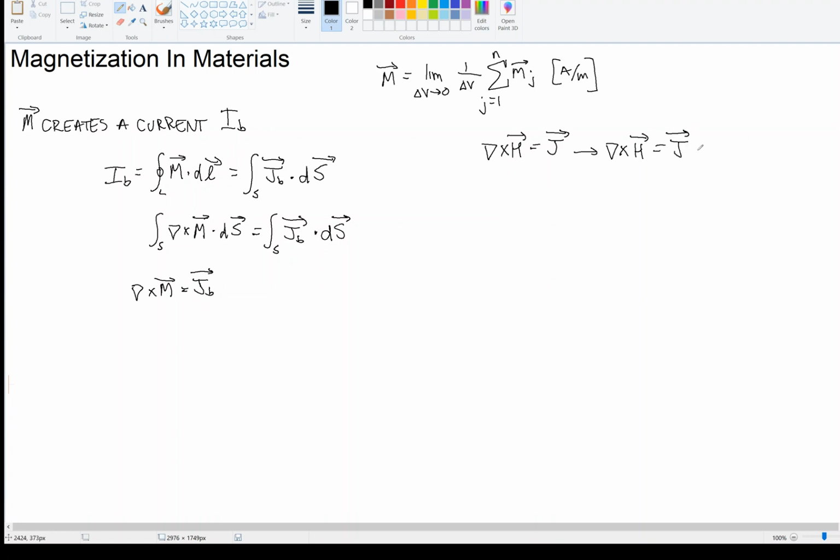So we would take J, which is the free current density, plus the bound current density, which is the curl of M, like this. Or, taking into account that H and B are related by the permeability, we can write this.